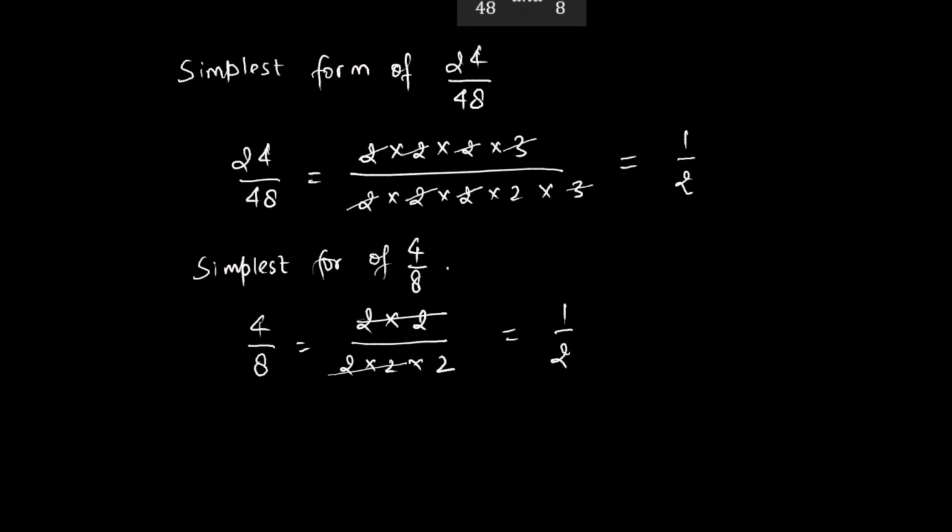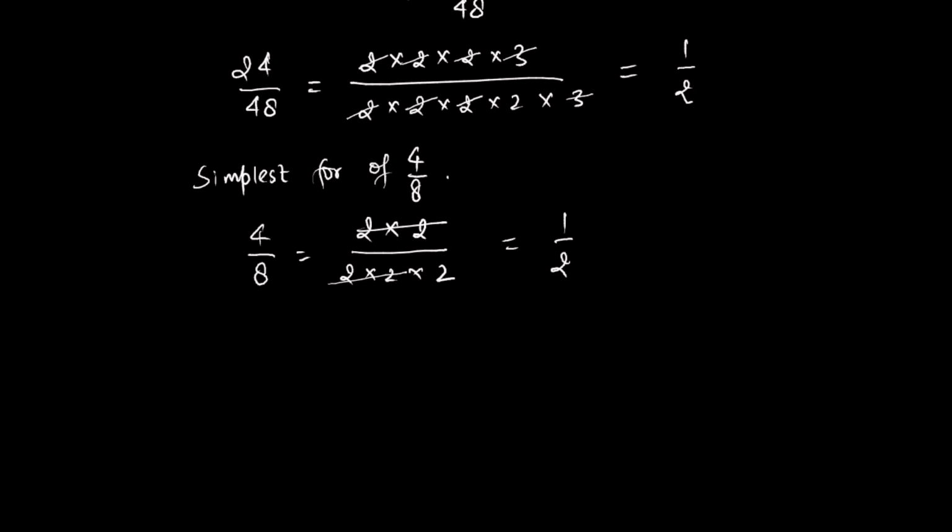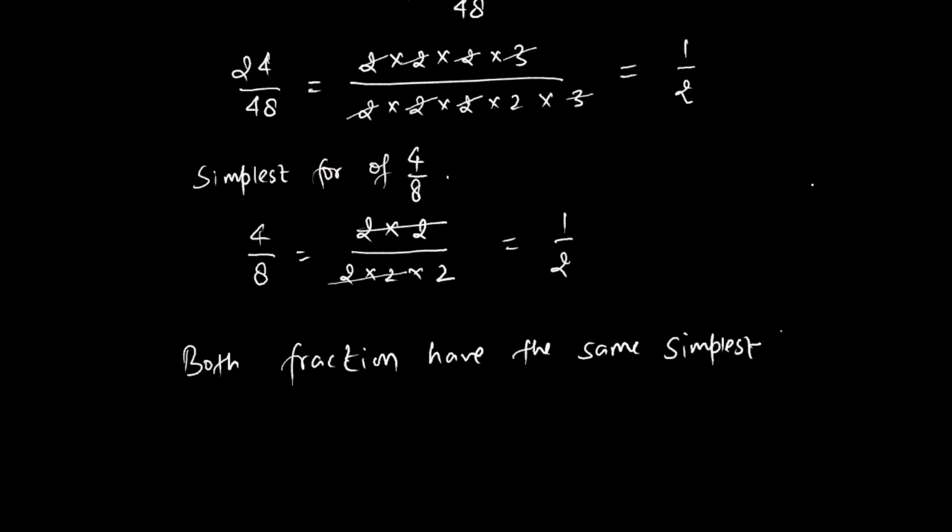So what we see here is that both fractions have the same simplest form. Therefore 24 over 48 is equal to 4 over 8.